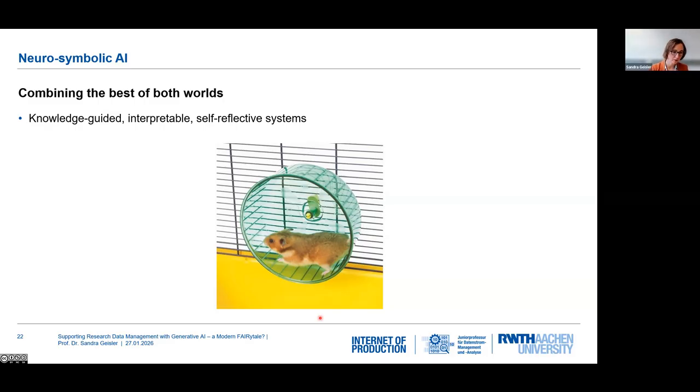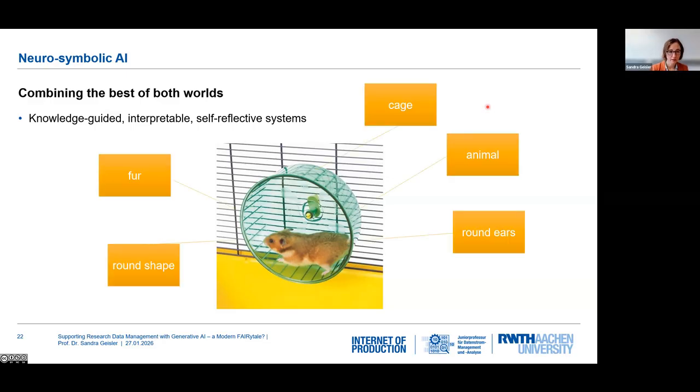So for example, if we have a model analyzing such a picture, it can identify there seems to be an animal, there's a cage, there's fur on the animal, it has some round shape. This is a round shape and it might have round ears.